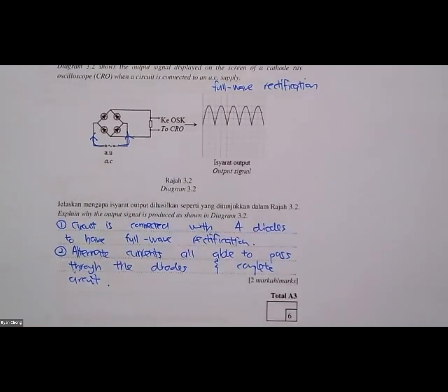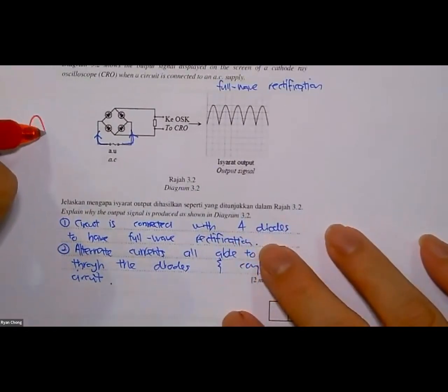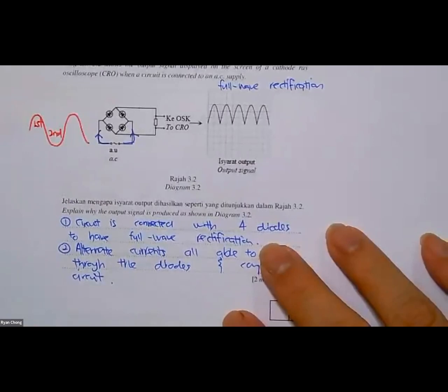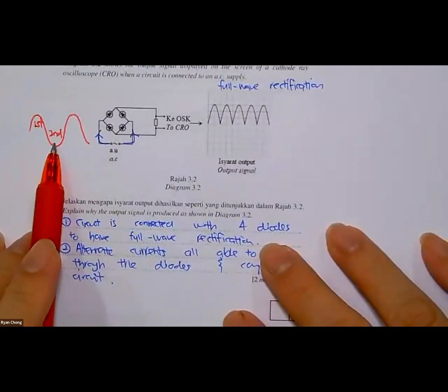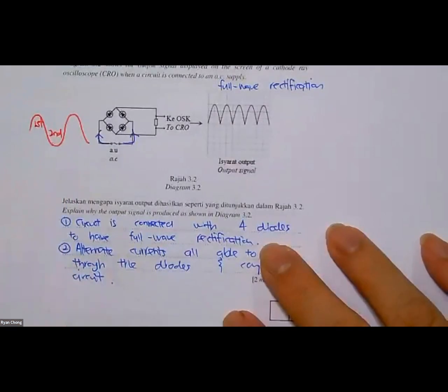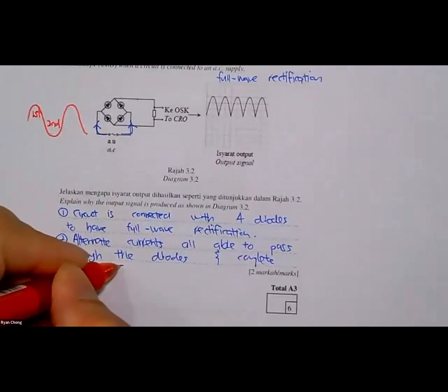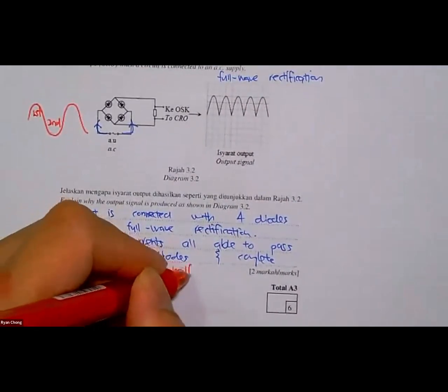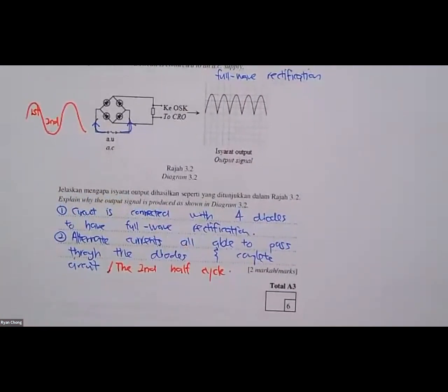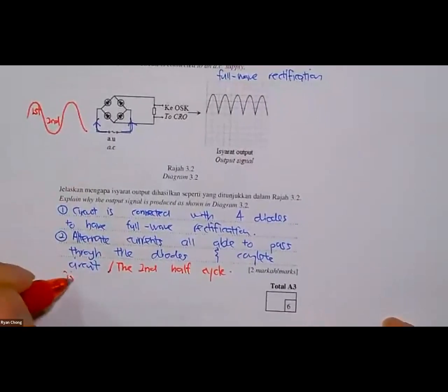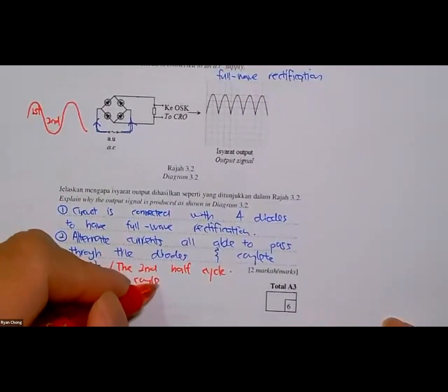Or maybe some students, if you know that AC have a cycle. So as you know that AC you have like this. This is first cycle, this is second half cycle. So you can say the second half cycle also able to complete the circuit. Also same as the answer here. So you can have 2 answers to explain. So you can write in other way, the second half cycle is able to complete the circuit as well.